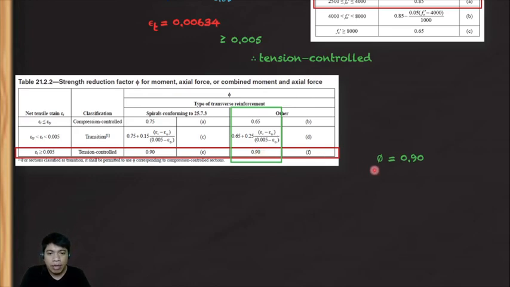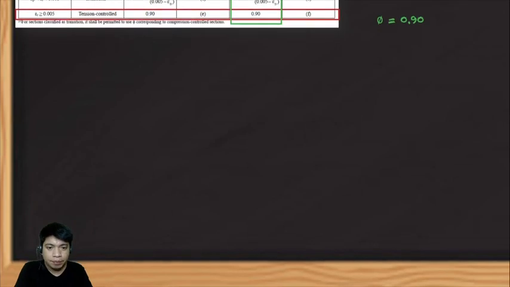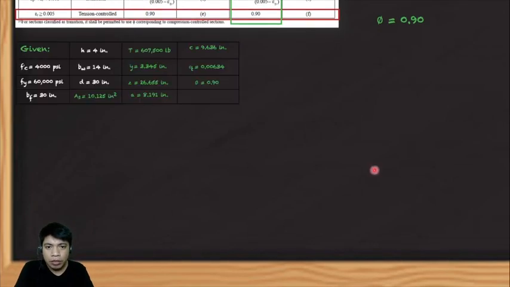So now that we have computed our value of phi, we can now compute for the design strength of our T-beam. So what we are now going to do, guys, is to compute for our phi Mn. I have already updated our list of givens here.